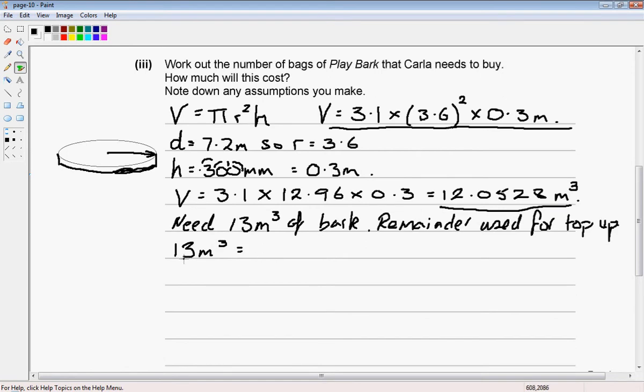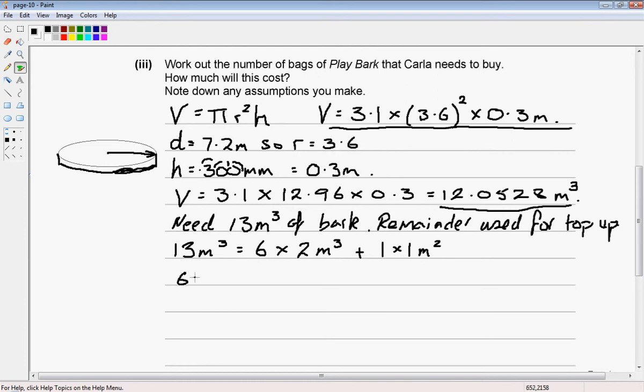Now 2's into 13 goes 6, so we would need 6 lots of 2 cubic meters plus 1 bag of 1 cubic meter.